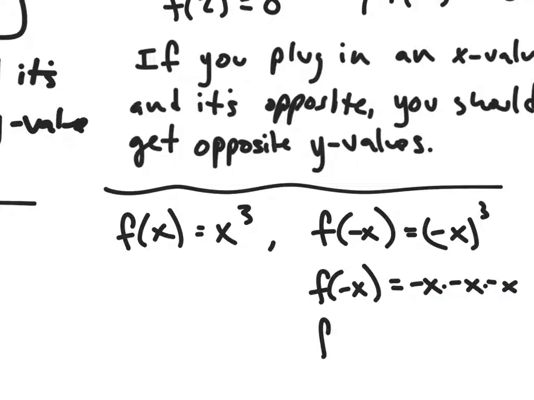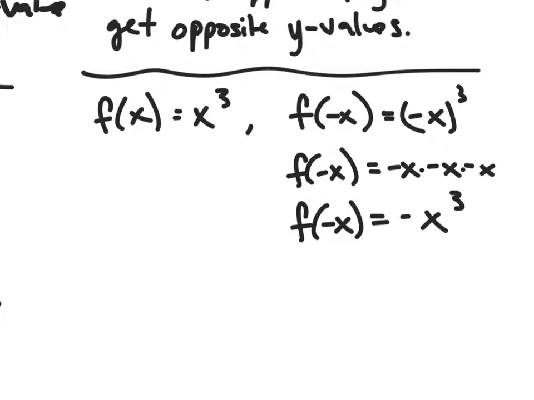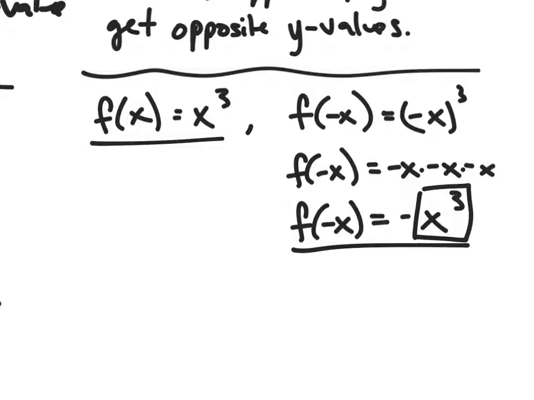So f of negative x is equal to negative x cubed. What I'm looking for is that if my function is odd, then my entire function is going to be negative.